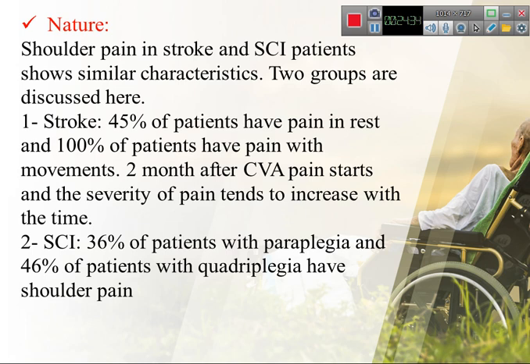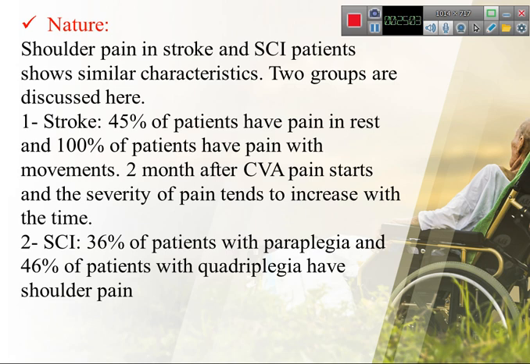In CVA patients, 2 months after their CVA, their pain starts. And then as time passes, the severity of pain tends to increase. So, when you assess their pain in movement they have much more pain.